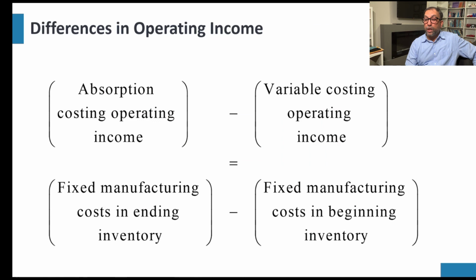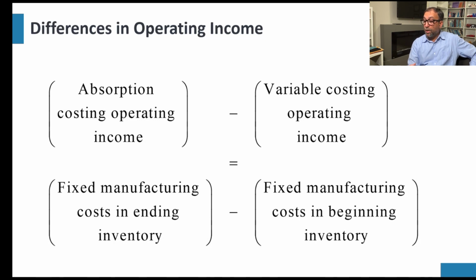So the difference in operating income is absorption costing operating income minus variable costing operating income. If we calculate the income from both methods, this difference is equal to the fixed manufacturing cost in ending inventory minus the fixed manufacturing cost in beginning inventory.